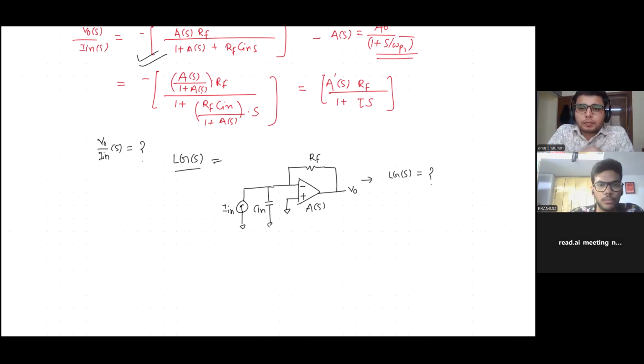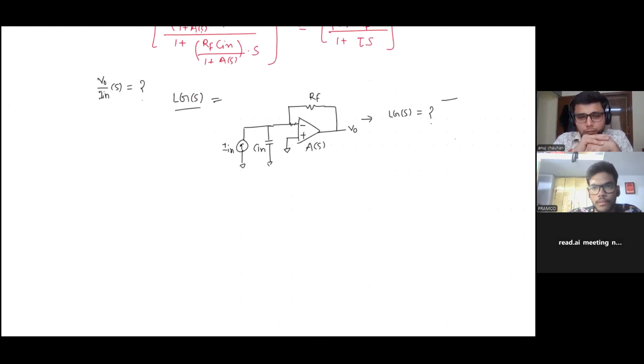In order to find the loop gain, I nullify the input and break the loop at this point, and apply V test. The loop gain is nothing but minus VF by V test.